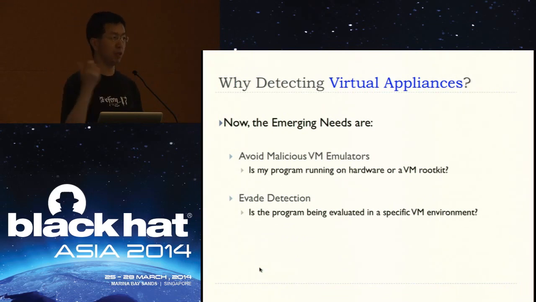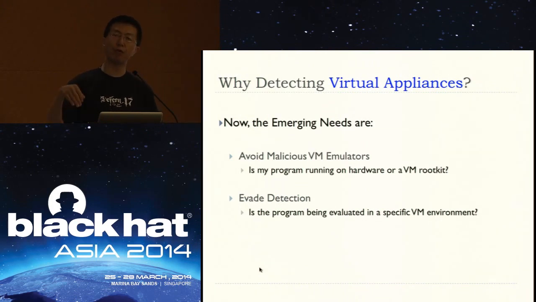And if the attacker controls the underlying VM, a very thin layer that is not really noticeable by the end user, then this malware is pretty hard to detect, because your guest OS activities can be monitored, but if you scan the guest OS, you would not find a clue about it. So that's one of the legit demands of detecting virtual machines in general, or maybe a special type of virtual appliance, which is on the malicious side.